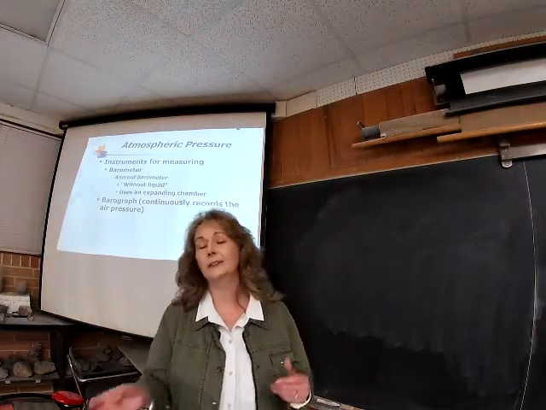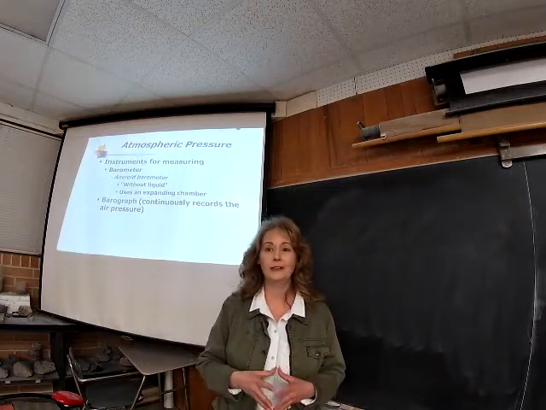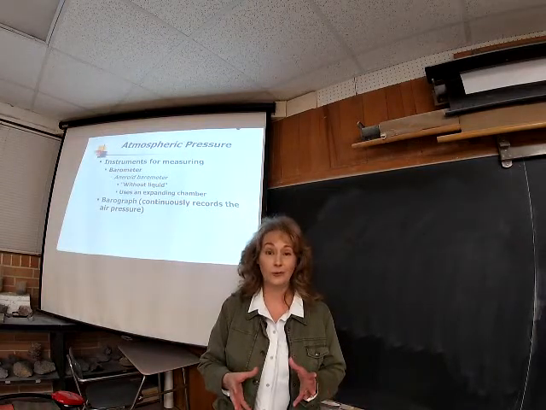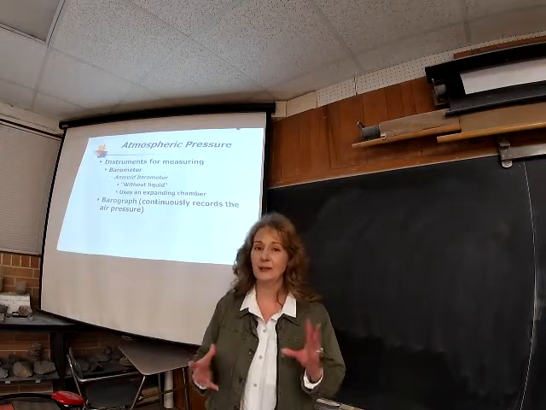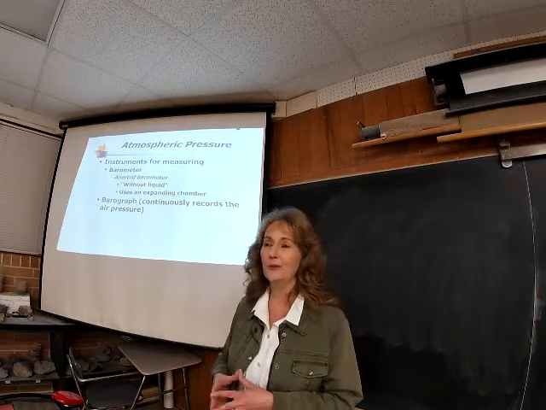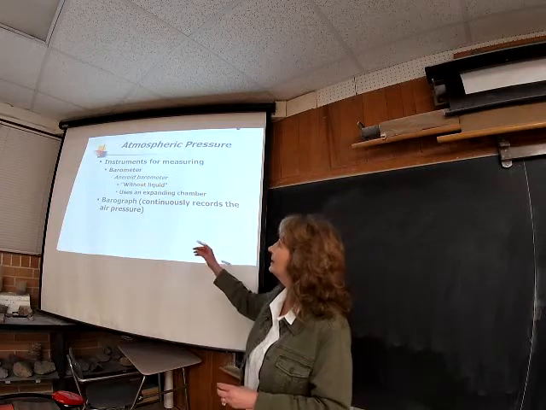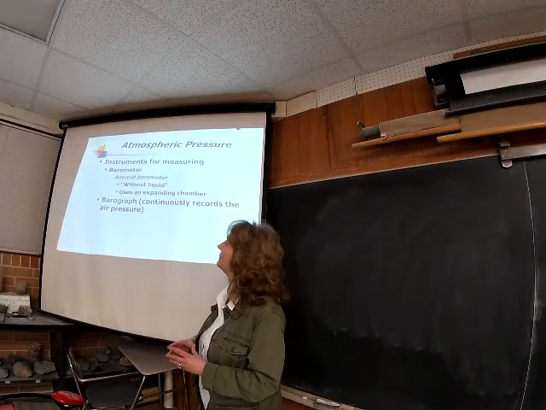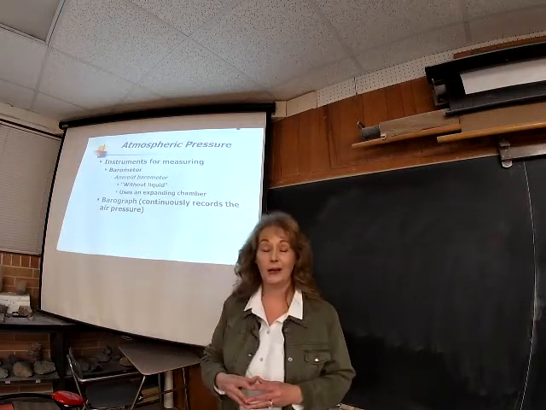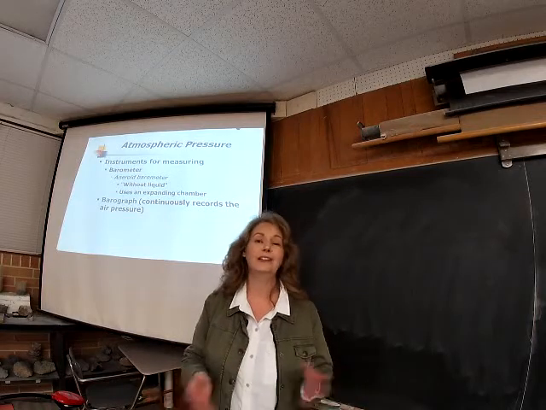So yes, the mercury barometer is not very transportable, and inconvenient because of the liquid. The mercury, of course, is bad news if it should break. So they came up with an aneroid barometer. This one doesn't have any liquid.